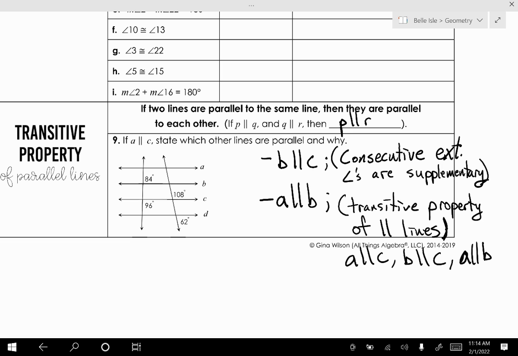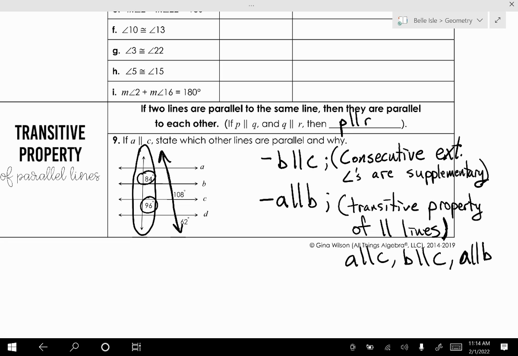I got you. So, okay, if you were confused, hold on, Jaden, if you were confused on number 9, with that first proof, it's because we are looking at the wrong transversal. We were too focused on this transversal right here, not focused on this transversal, to where 84 and 96 are consecutive exterior angles.